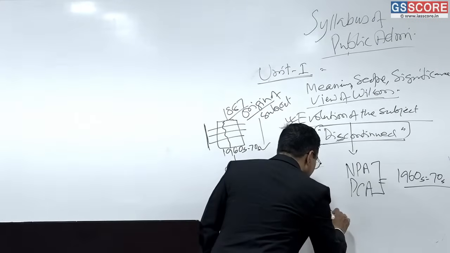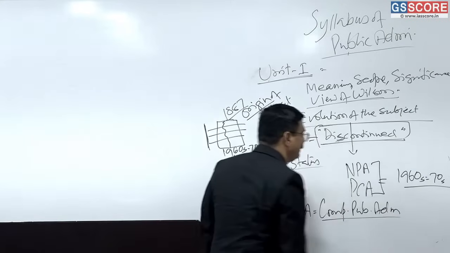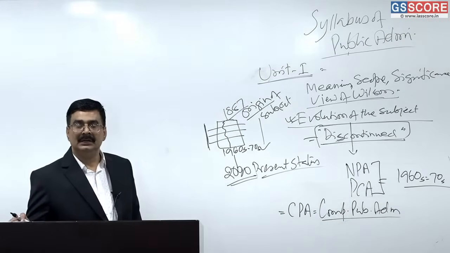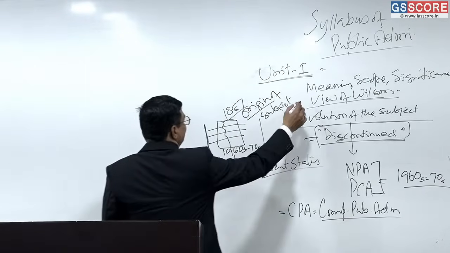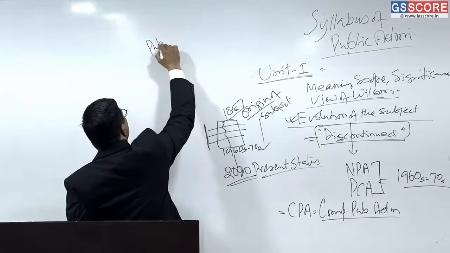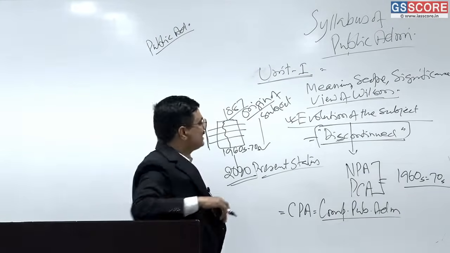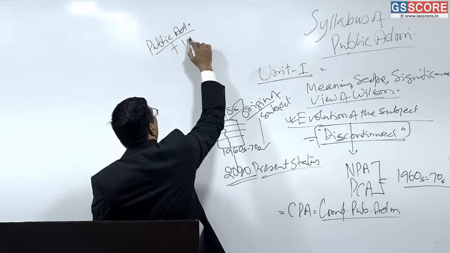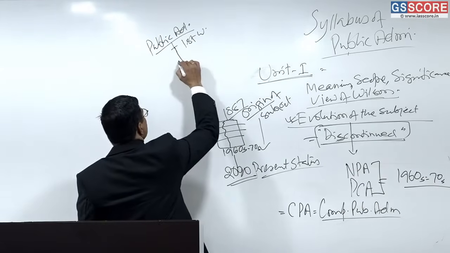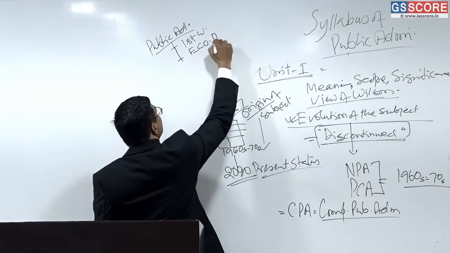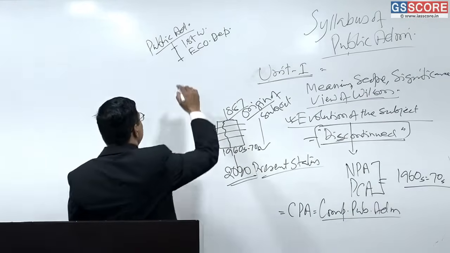This Comparative Public Administration started because of the failure of the public administration. Because with the start of public administration there was First World War. Only within 10 years there was economic depression, 1929-30. Only within 10 years there was Second World War.